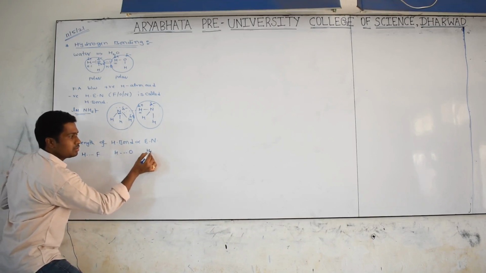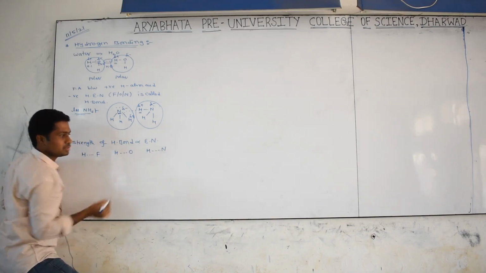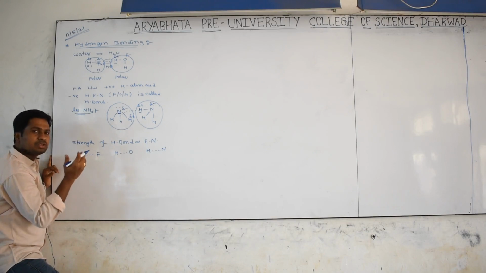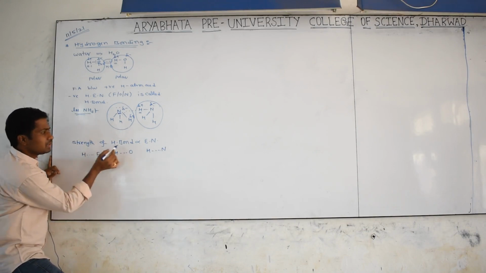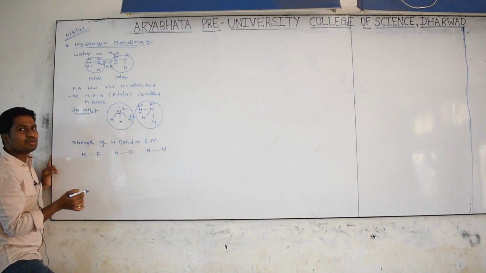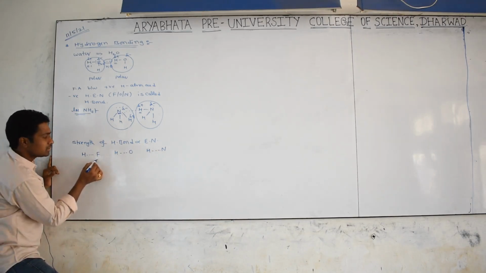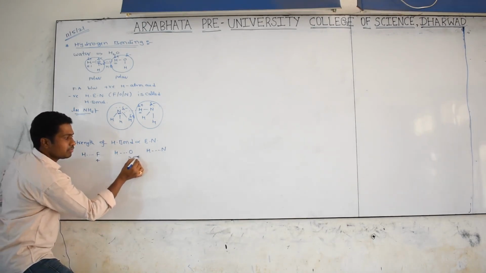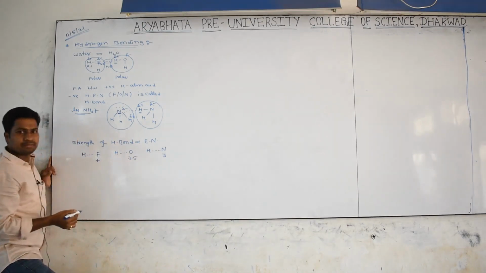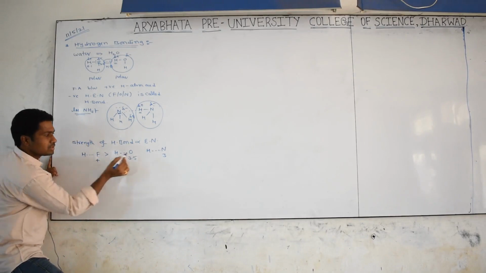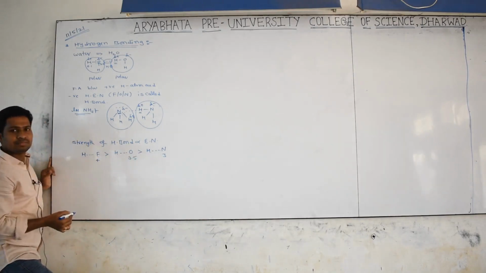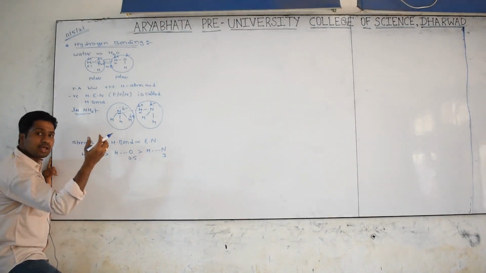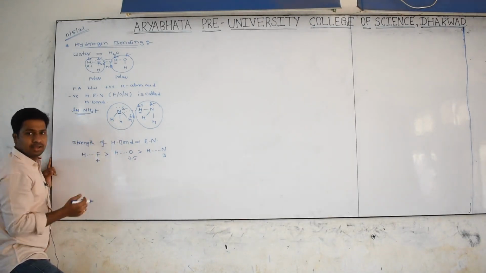In ammonia, hydrogen bonding is between hydrogen and nitrogen. All are hydrogen bonds, but which is the strongest? How can you tell? The strength of hydrogen bonding is directly proportional to electronegativity. The highest electronegativity is held by fluorine, oxygen is 3.5, and nitrogen is 3. So HF has more strength than all these. That's why HF is a denser liquid than H2O and NH3.